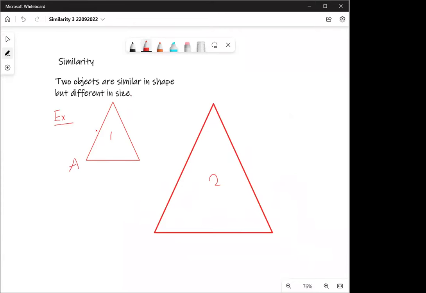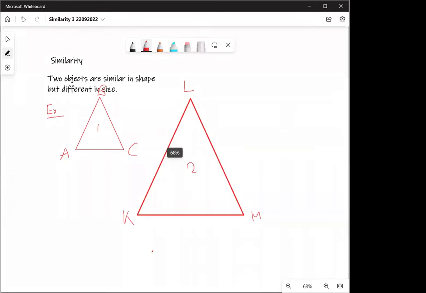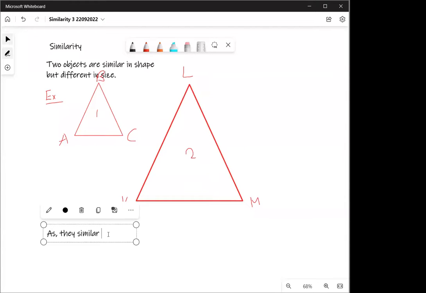Now I'll give them letters, A, B, C, and K, L, and M. Fine. What we realize is that since they are similar, they must be proportional.